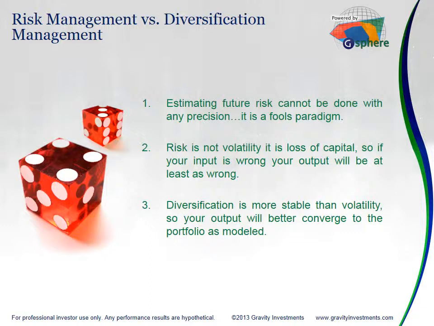We also see a lot of evidence that suggests that diversification metrics are more stable than risk metrics. And we would argue that stability is a material asset. Essentially, stability is something that's more knowable.